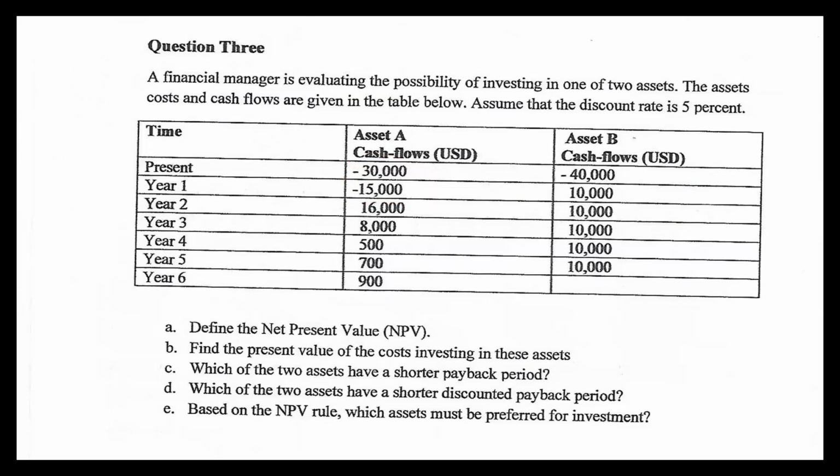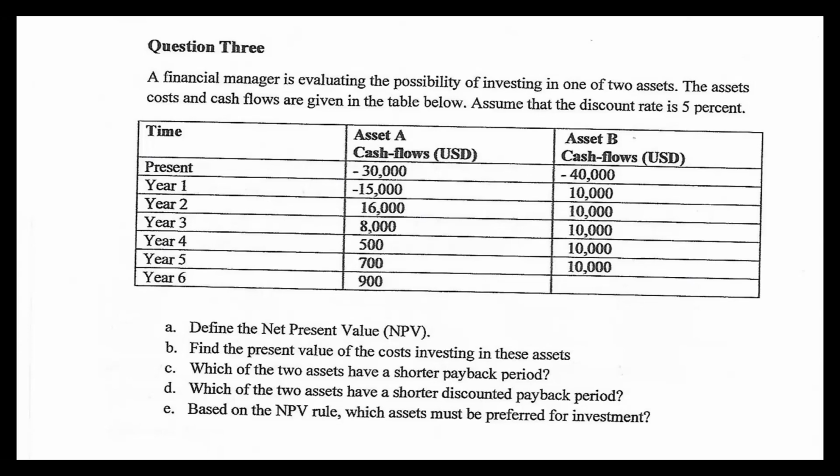We have already said the net present value in the previous slide, isn't it? It is the difference between the present values of the cash flows and the initial investment. Or if you want, you can say the difference between cash inflows and cash outflows.